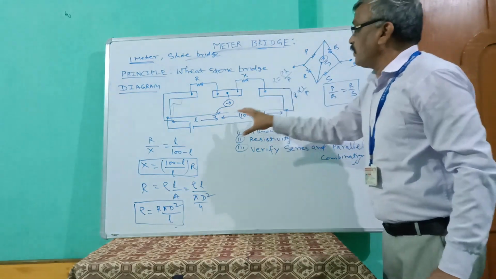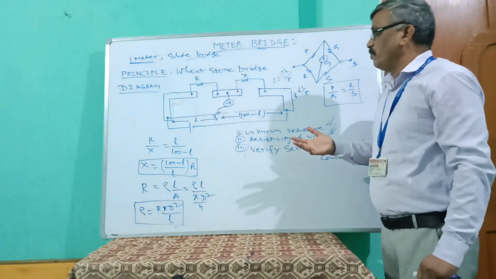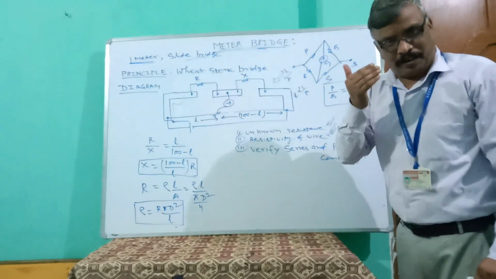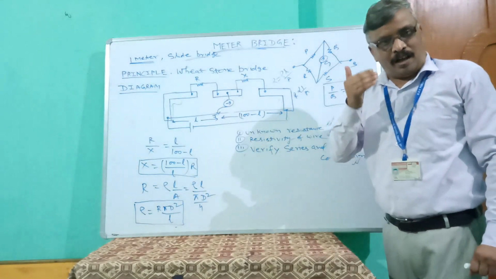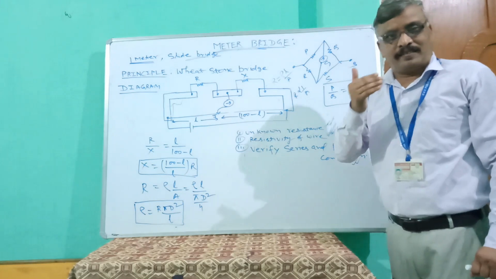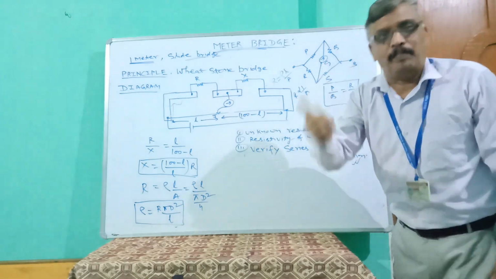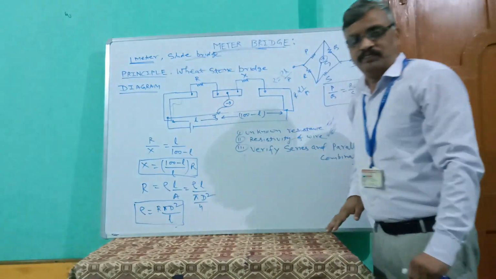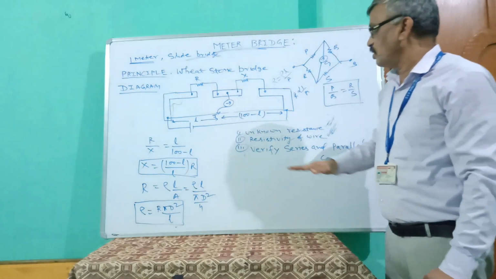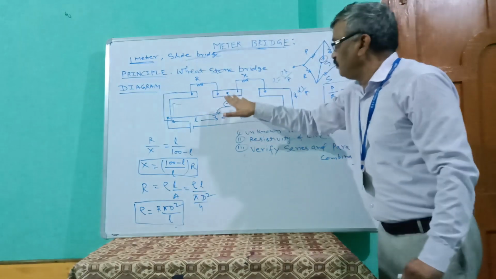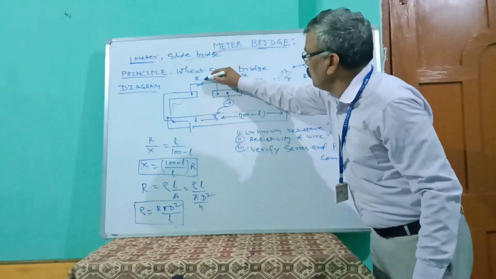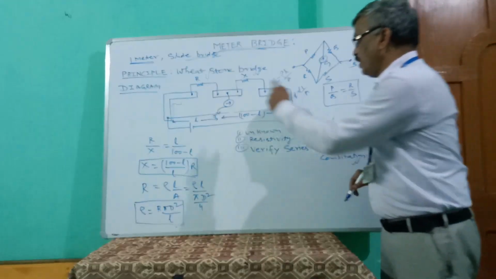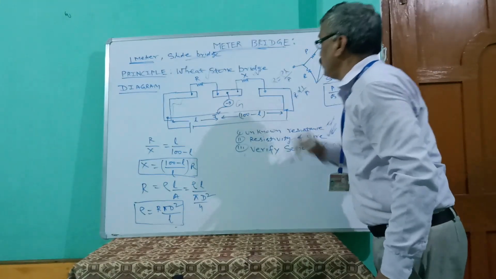How do we calculate in this case the value of unknown resistance, how do we calculate the resistivity of the wire, and also how do we verify series and parallel combination. First of all, for calculating the value of unknown resistance, in the given diagram, this is your known resistance, this is your unknown resistance, this is the galvanometer.